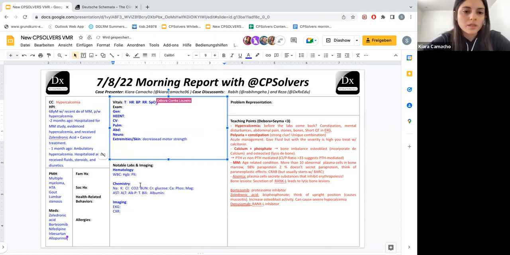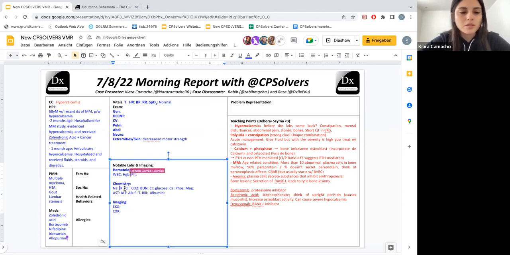So some labs were taken. His hemoglobin was low at 9.9. Leukocytes were slightly elevated at 11, but neutrophils were 8.5, and platelets were 270. Then creatinine was slightly elevated at 1.27. Urea was 96.